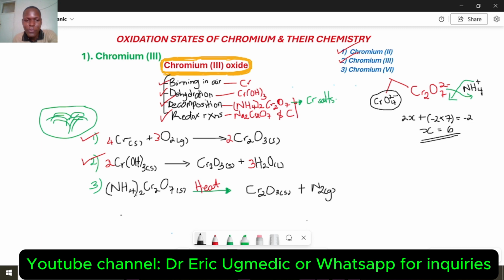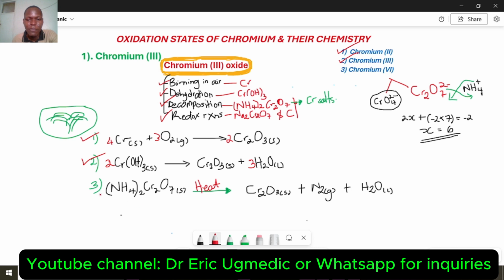And where is the hydrogen now going? The hydrogen will combine with some of the oxygen to form water. So I have water as well. So let's balance this equation.